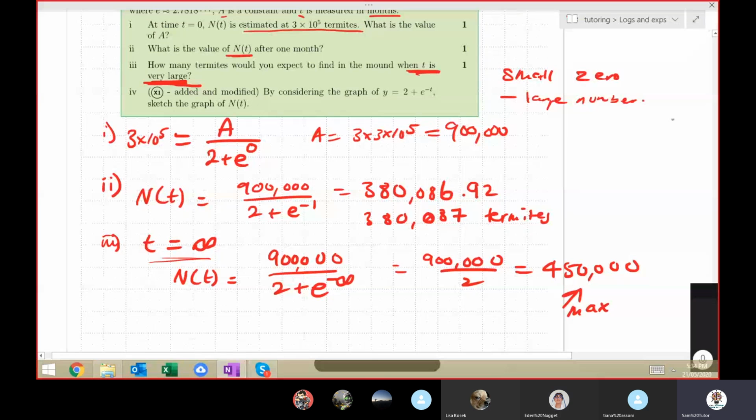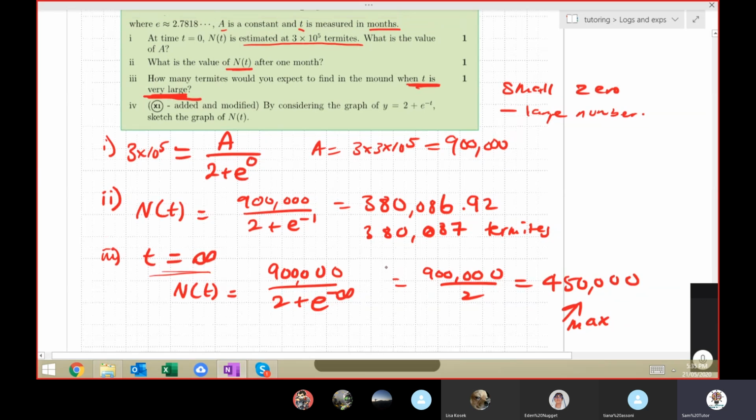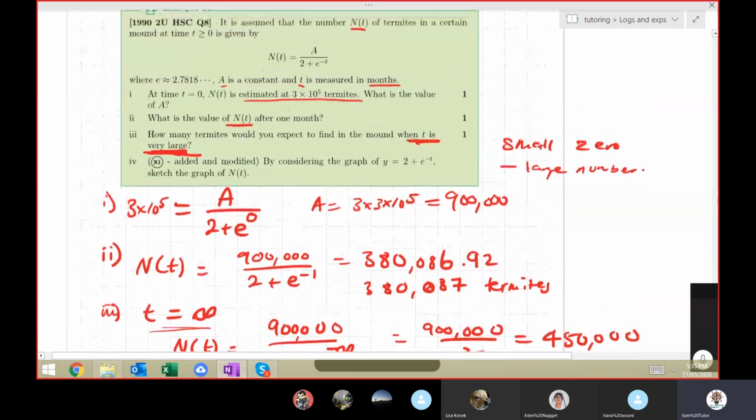Be careful with that. Small is 0. But anyway, 99.99% of your questions are about t approaching infinity. So as t becomes infinity, this exponential function approaches 0, which means your whole number of termites approaches 450,000 termites. And that would be the maximum that you could get at any one time.